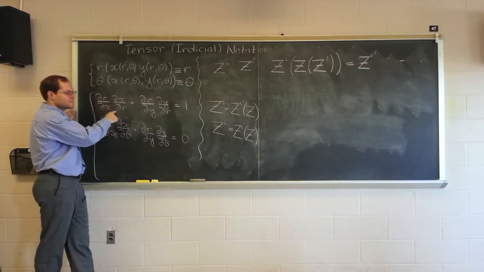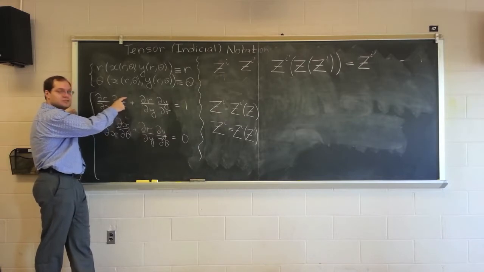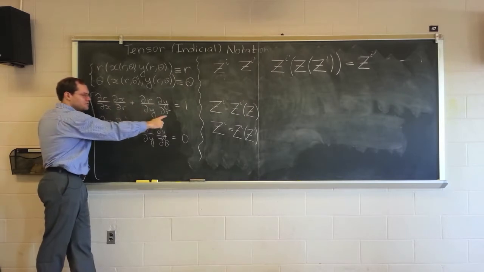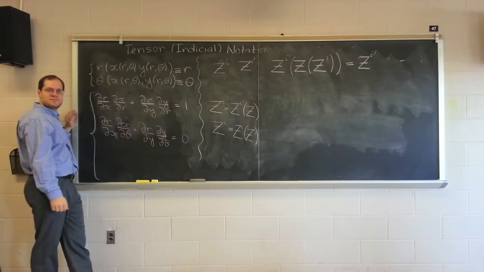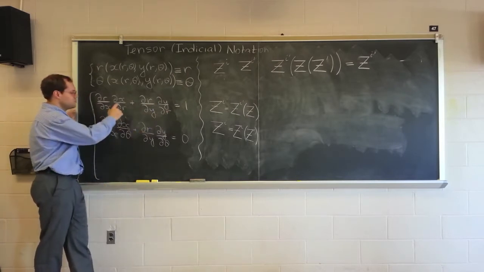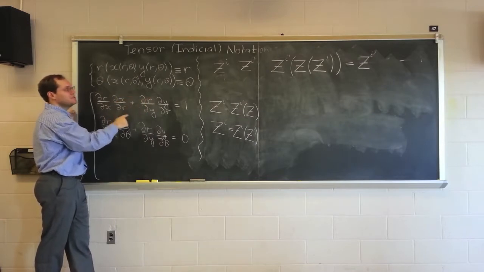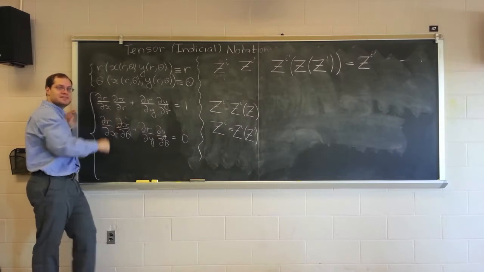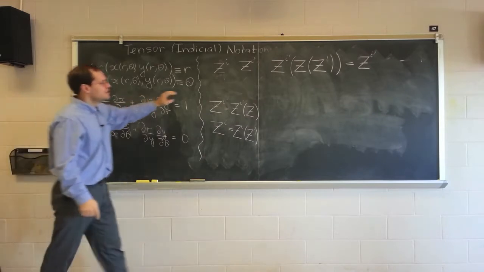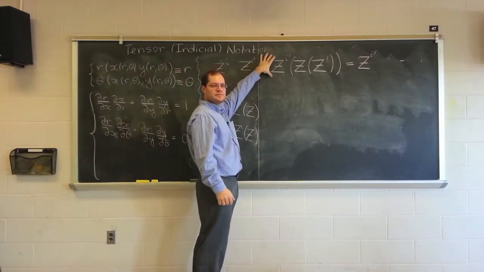And the chain rule happens with two different indexes. One devoted to the summation, and one devoted to the free variable with respect to which you're taking the derivative. So the one index will be responsible for summation, and one will represent z1 prime, z2 prime, and z3 prime. So this is three identities.